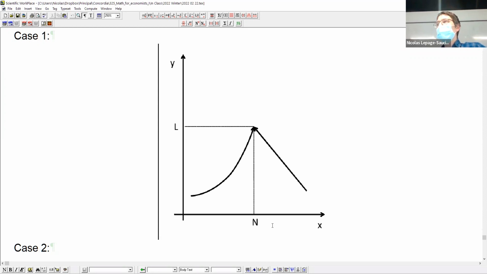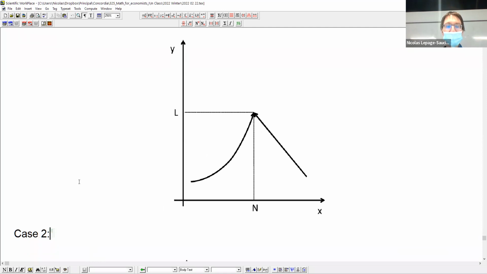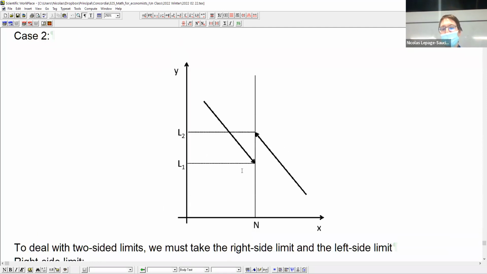Yes, good call. Yes, because when I come from the right, I head towards the value L. And when I come from the left, I head towards the value L as well. So since the right side limit and the left side limit are the same, the limit exists in this case. And then in case two, does the limit exist? Well, no, because the right side limit arrives at L2 and the left side limit arrives at L1.